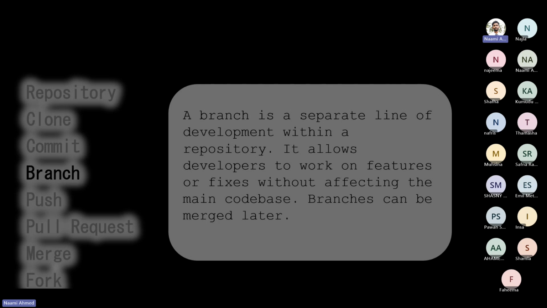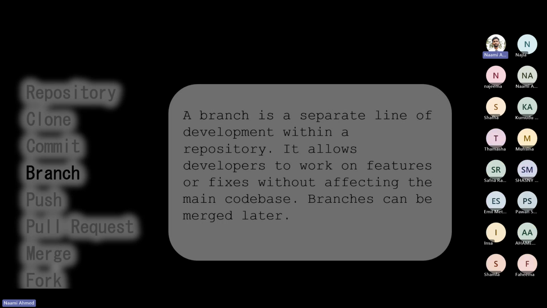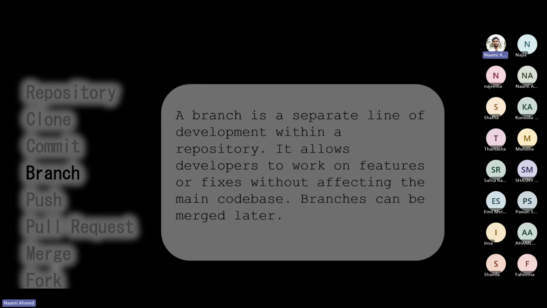We want to avoid that problem. So the solution is we create a separate branch for each purpose. For example, I will develop feature one, so I create a separate branch for my feature one, like that.